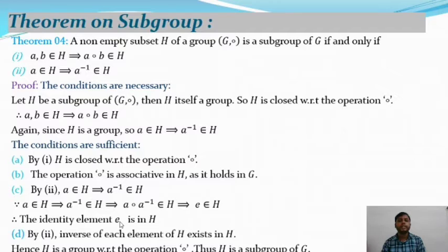And by 2, the inverse of each element of H exists in H. So (H, composition) satisfies the 4 properties of a group: closure, associative, identity and inverse. Therefore H is a group with respect to the operation composition.